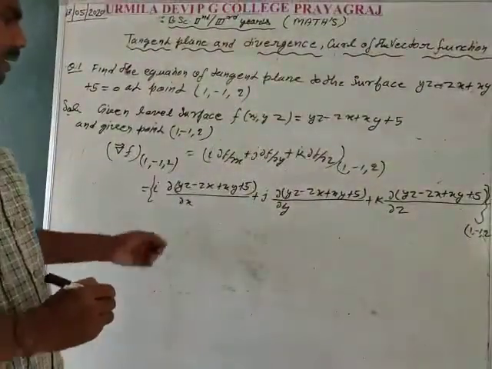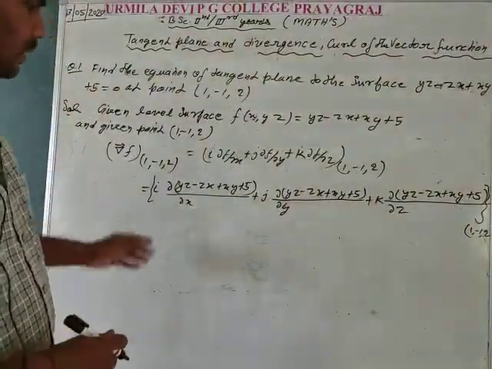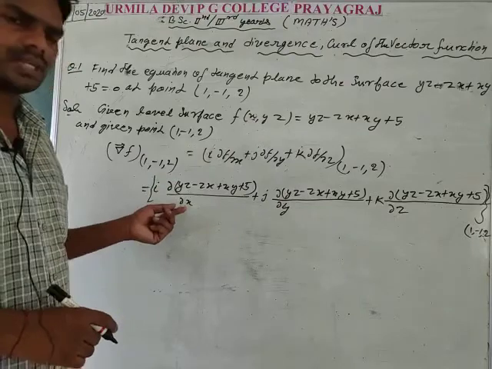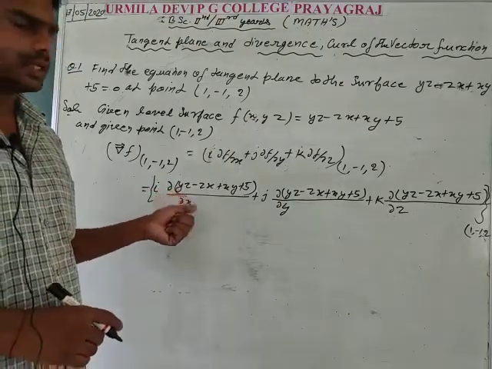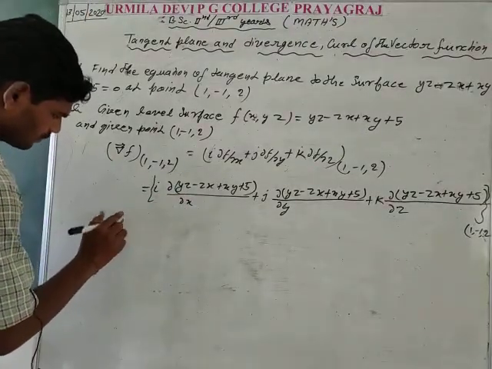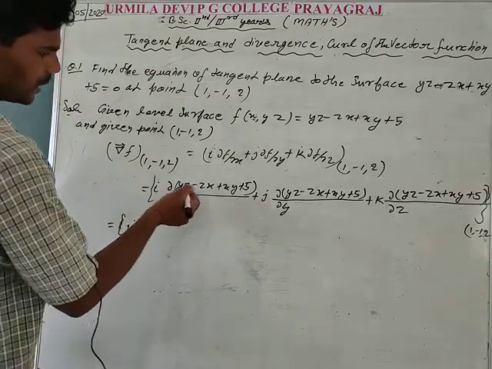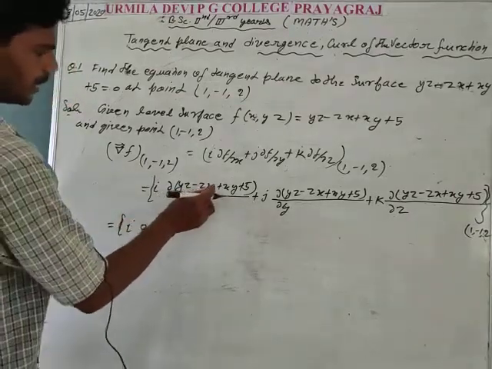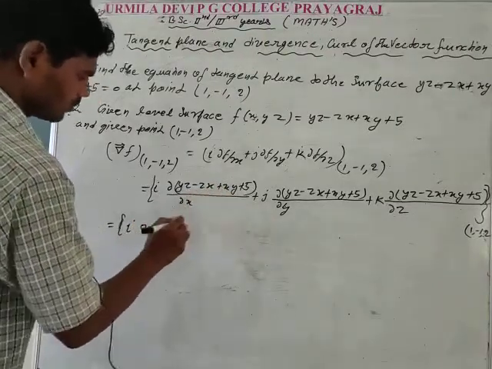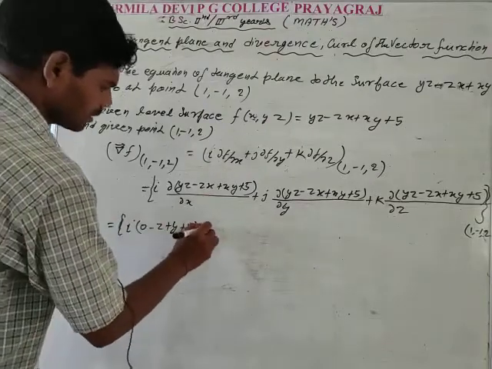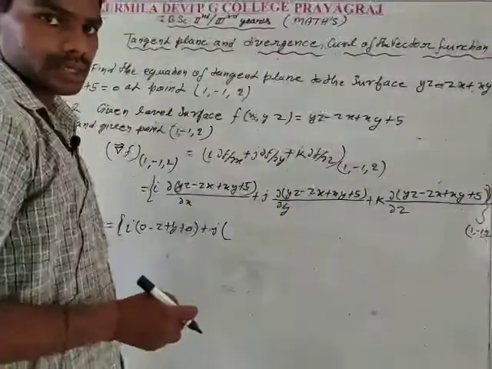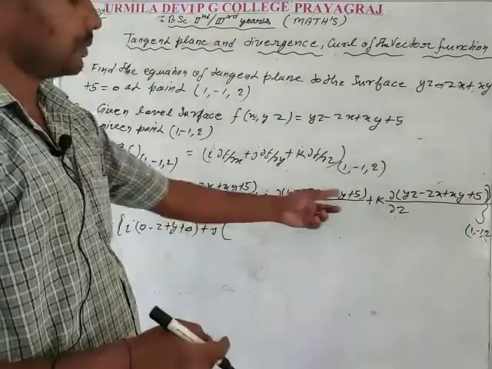First calculate the partial differentiation of the function f. In the first part, the partial differentiation of function f with respect to x: y and z will be constant, 5 is already constant. So, i times: yz is constant, so 0, and minus zx gives minus z, and xy gives plus y, plus j times the second part, the partial differentiation of function f with respect to y.